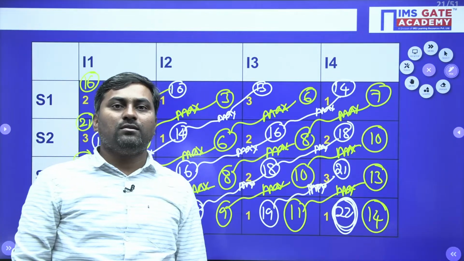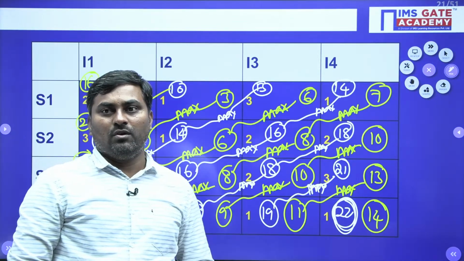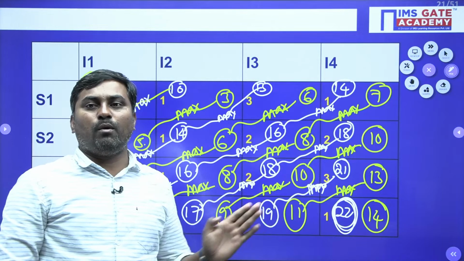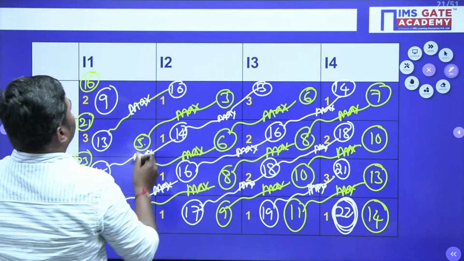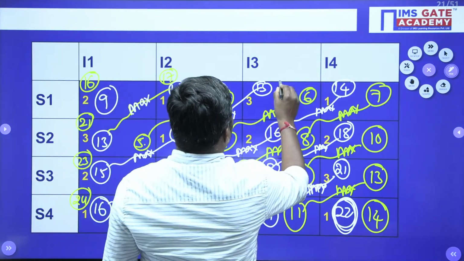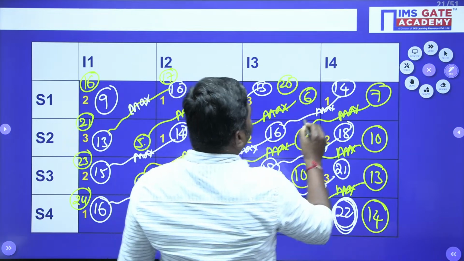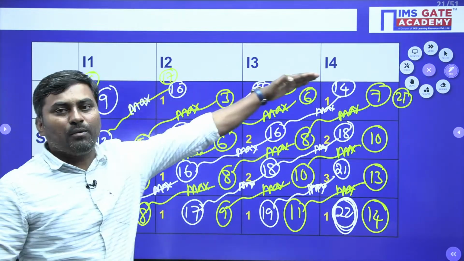Is it clear? Saurabh ready? Column updation is clear. If this third cycle column updation is clear, the row is easy. What is the row? 16 plus 1, 17. 17 plus 3, 20. 20 plus 1, 21. So column and row updation becomes like this.